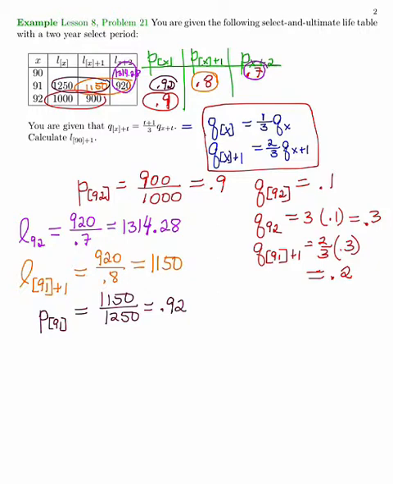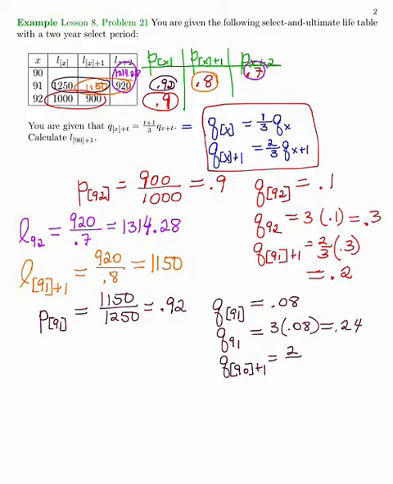All right, so once I have a P92, then I can get a P91, I can get a Q91 as the complement, so that's 0.08. I can get a Q91 without the bracket, that is 3 times 0.08, and I can get a Q90 plus 1.